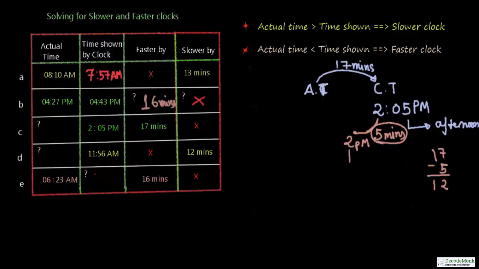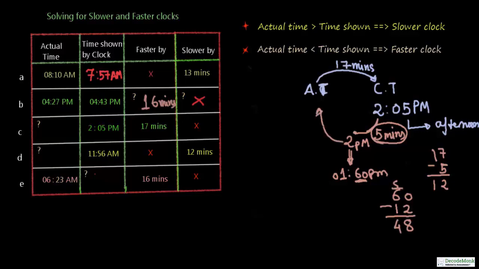So 2 p.m. can be thought of as 1:60 p.m. and we need to subtract 12 from 60. So this will give us 10 minus 2 is 8, 5 minus 1 is 4.